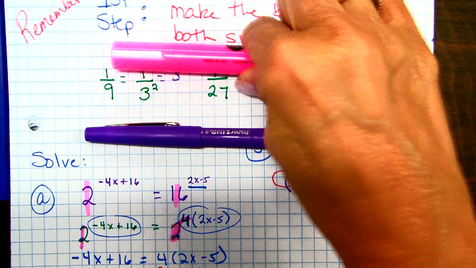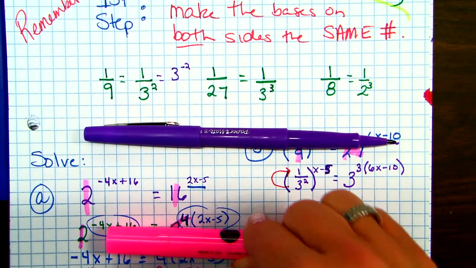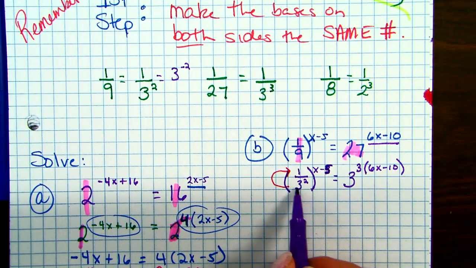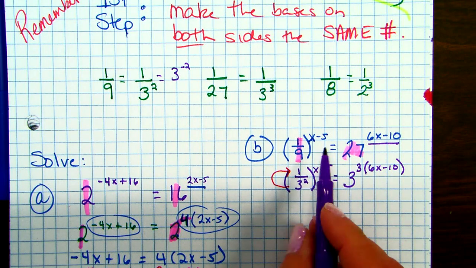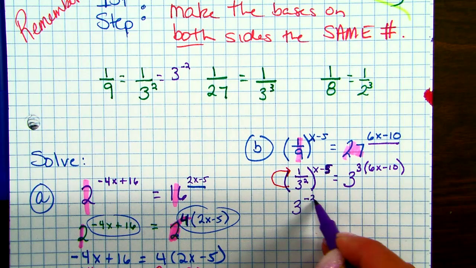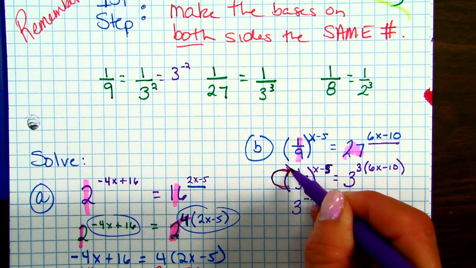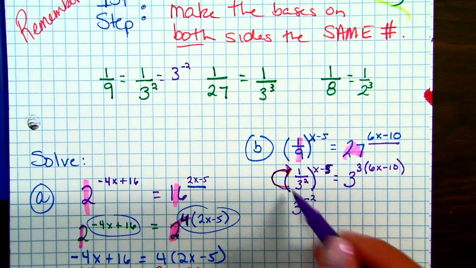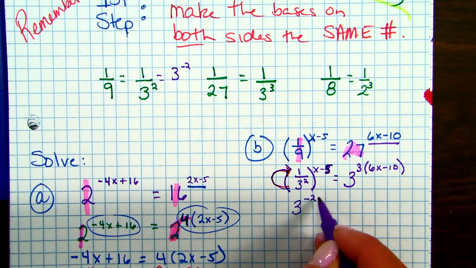If you have something on top and you want to bring it to the bottom, you can. It just changes the power sign, okay? So this 3 squared is going to come up and join the 1 times 1 is just 3 squared, and that's going to be a -2 when I bring it up. It just changes the sign of the exponent, and we have a 1 left over in the denominator, right? If you had to think of it like that, we don't need it.